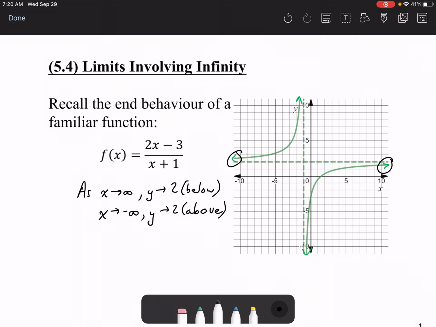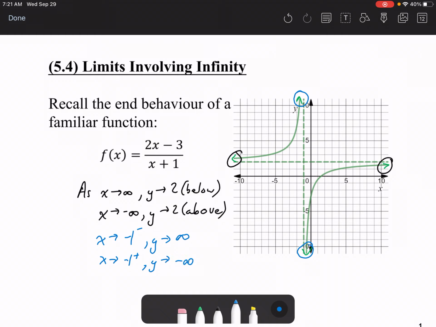And as well, as x approaches the value of -1 from the left, you can see the y value gets closer and closer to positive infinity. And as x approaches -1 from the right, here on the graph, y approaches negative infinity.